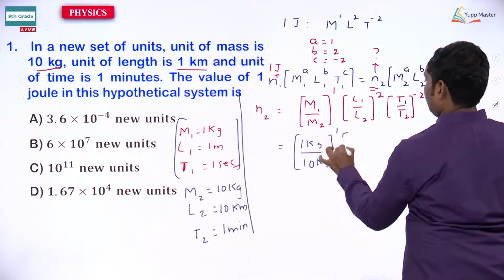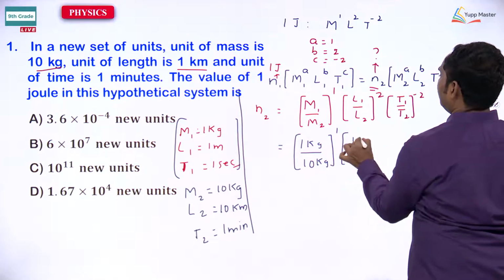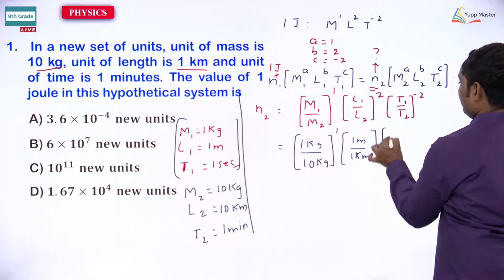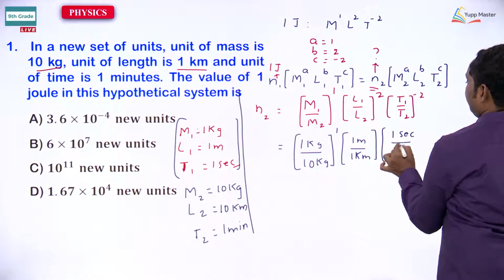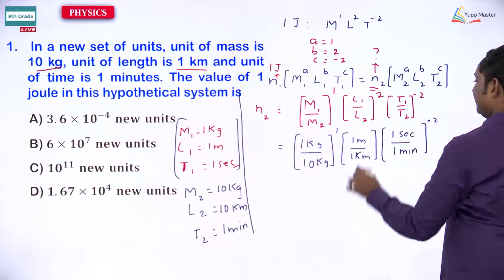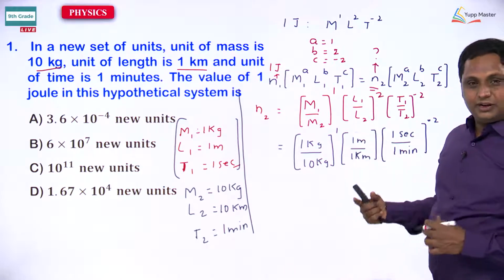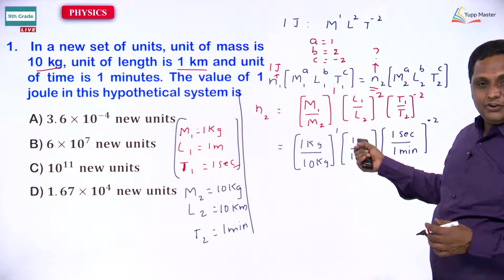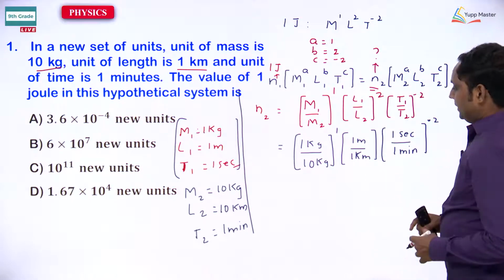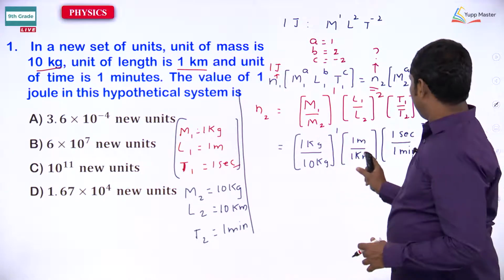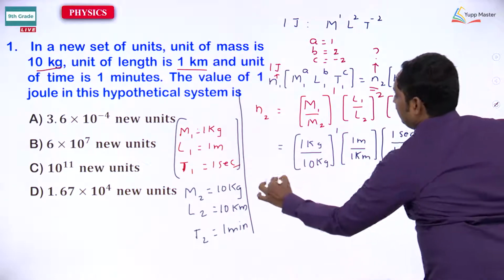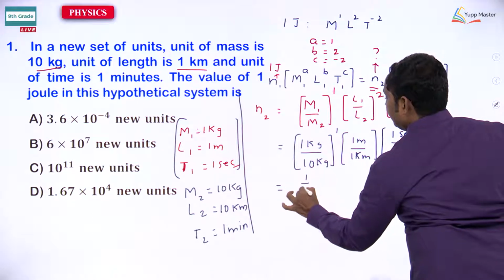We have taken this, and what about L1? 1 meter by 1 kilometer, T2 1 second by 1 minute power minus 2, and just you can convert this numerator or denominator to the unique system. Of course they are going to have the same value, but here you have to do that conversion, that is kilometers to meters, right. You will get 1 by 10.